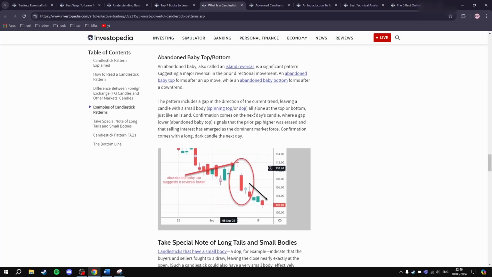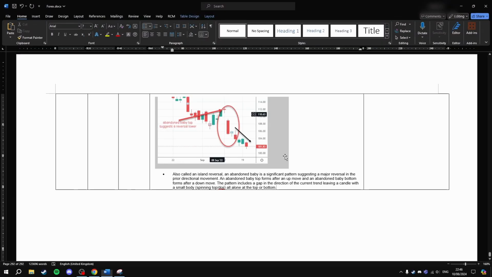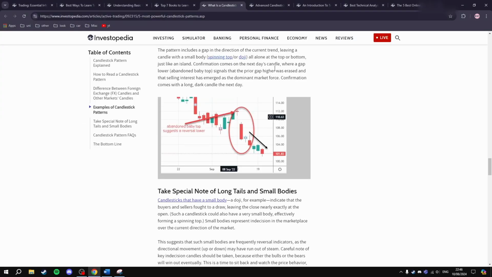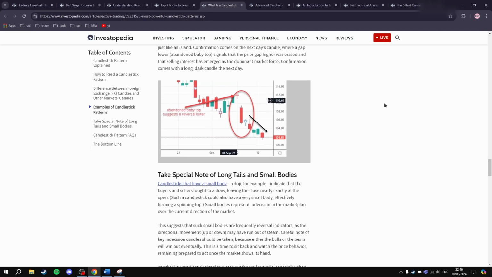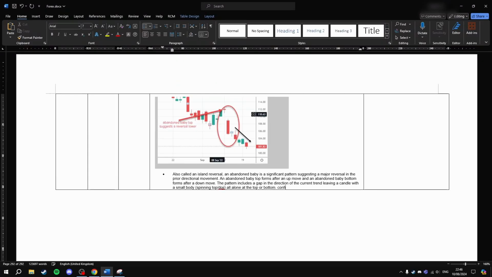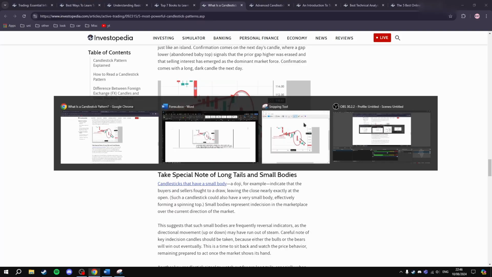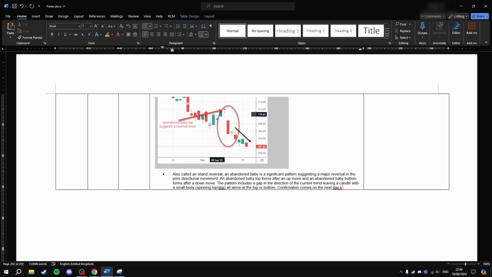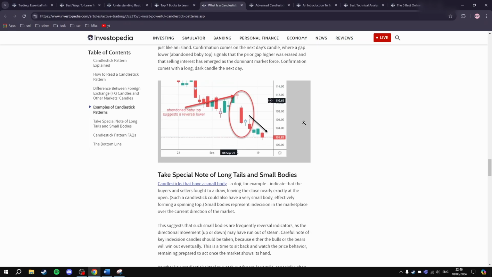All alone at the top or bottom, just like an island. Confirmation comes on the next day's candle, where a gap lower, abandoned baby top, signals that the prior gap higher was erased and that selling interest has emerged as the dominant market force.